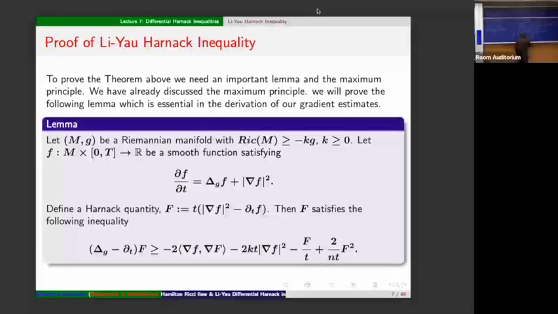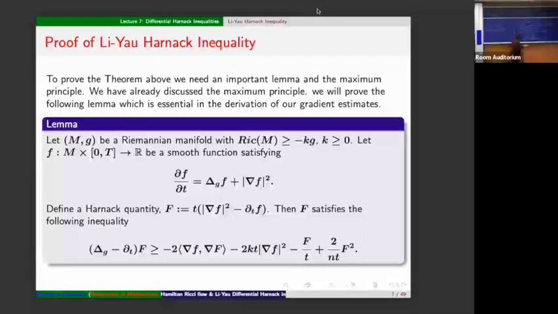Then plus this one is 2t, minus. So what next? We have the value of this.